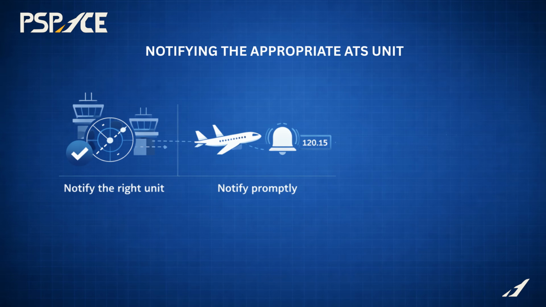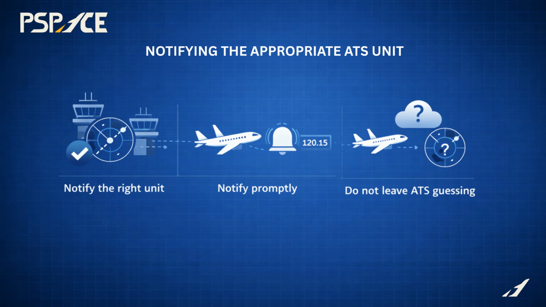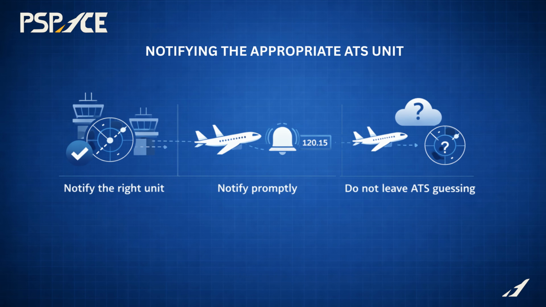The purpose is not to generate unnecessary transmissions, but to ensure that ATS is not left trying to interpret unexpected aircraft behavior without confirmation from the flight crew. In operational terms, notifying the appropriate unit protects separation, supports traffic planning, and prevents a change in aircraft status from becoming a wider system problem.